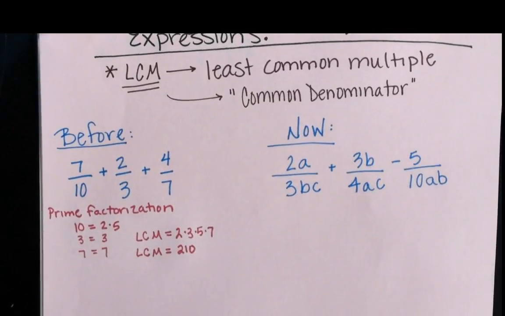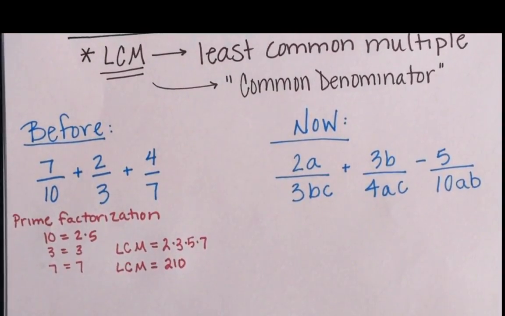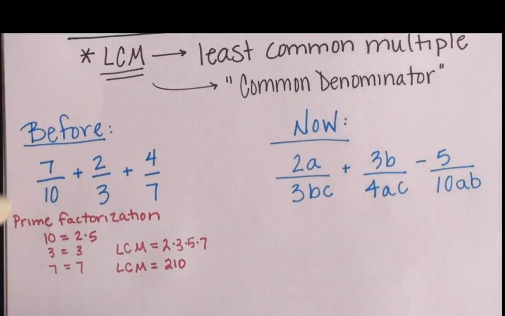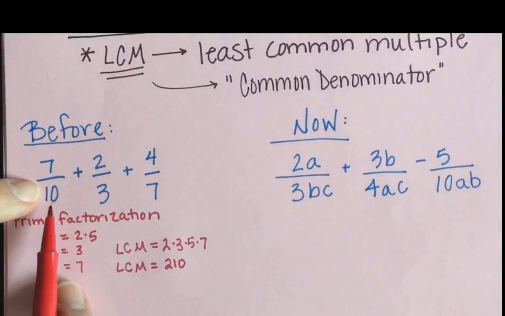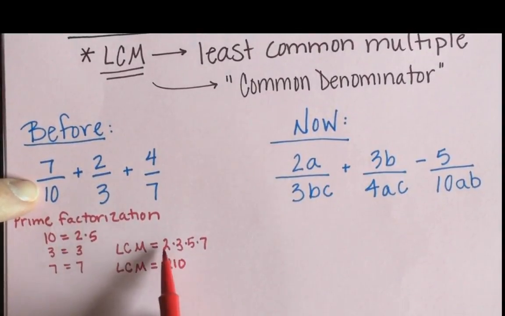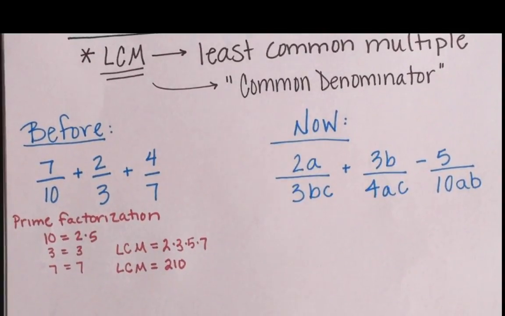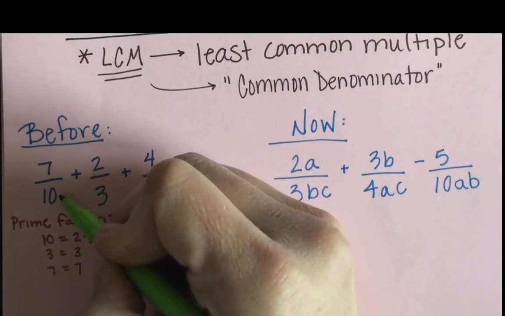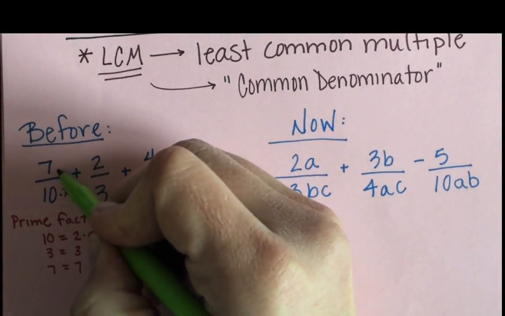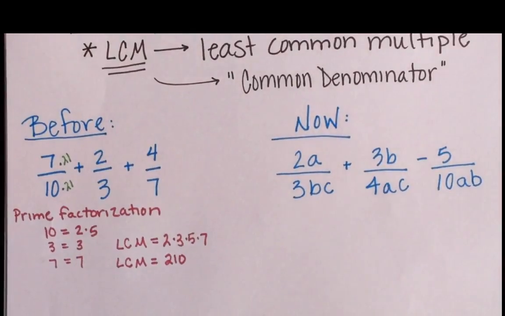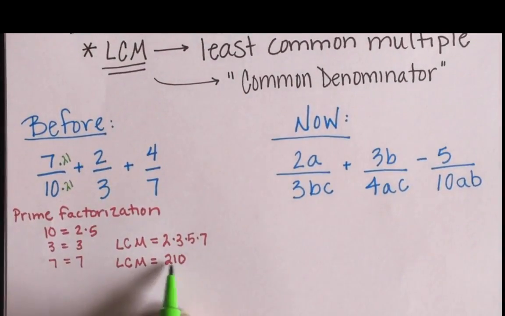Now, the nice part about our numbers, when we look at how to figure that out, that at least tells us if I have 10 in the bottom, the 2 and the 5, I need the other numbers to make that 210. So when we do common denominators, remember we've got to multiply top and bottom by what makes the common denominator of 210.